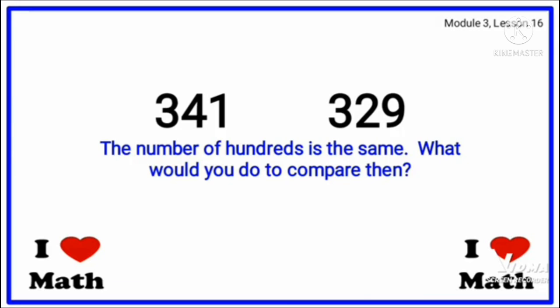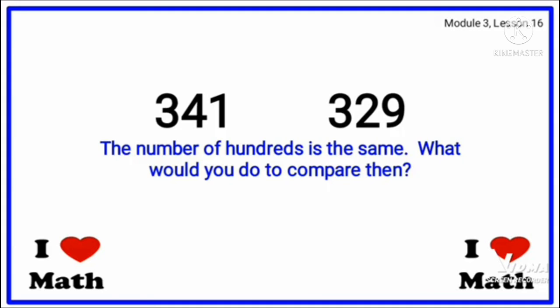So what would you do to compare? Look at the tens. 341 has 4 tens. 329 has just 2 tens. So since the hundreds are the same, the tens show that 341 is greater than 329. I use the tens to compare.